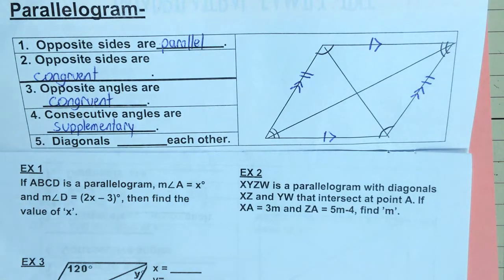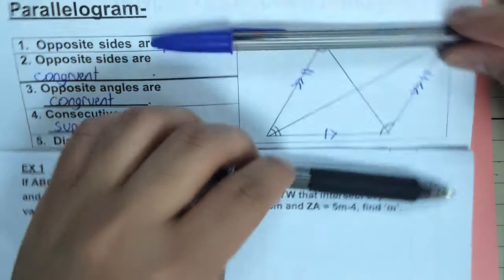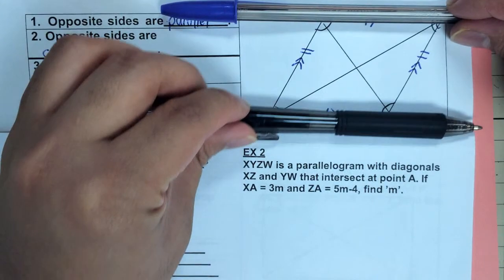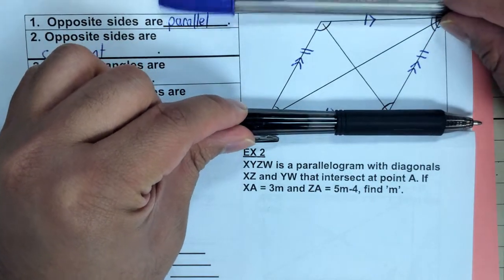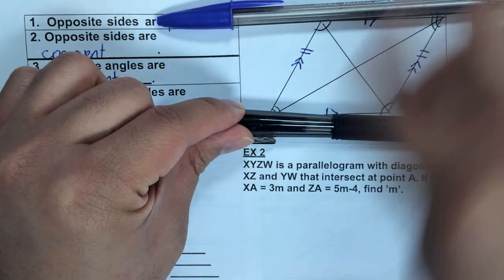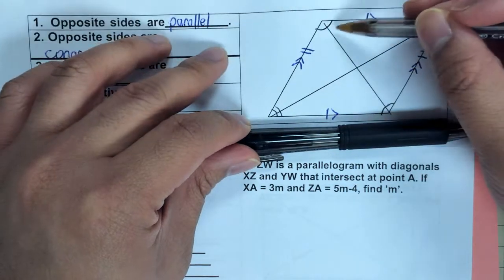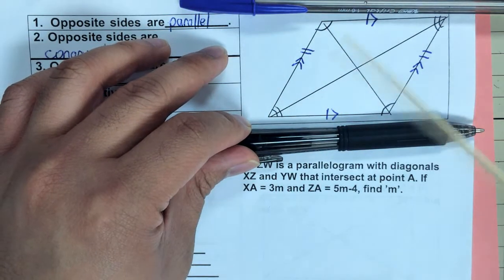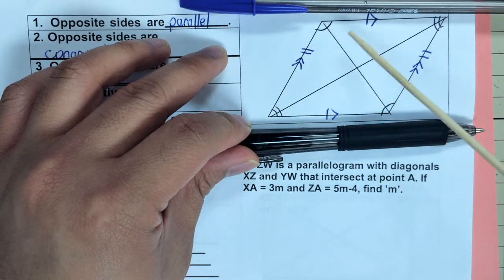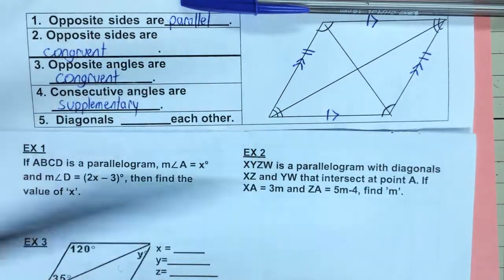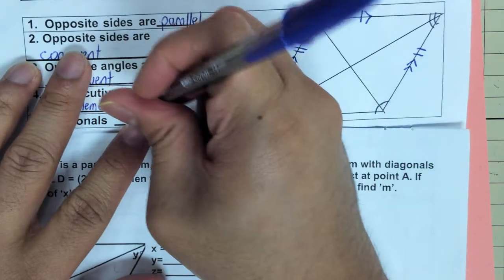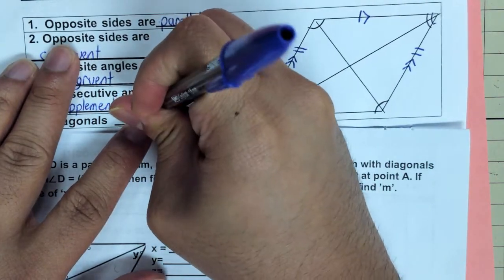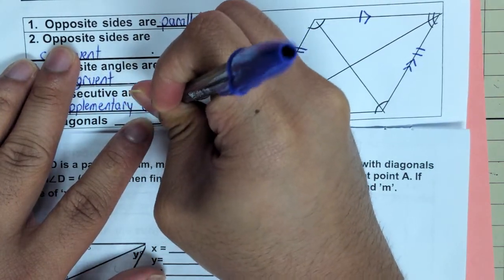The reason they're supplementary is if I have these two parallel lines cut by a transversal, this angle and this angle are same side interior angles. So we have supplementary angles because of same side interior angles.